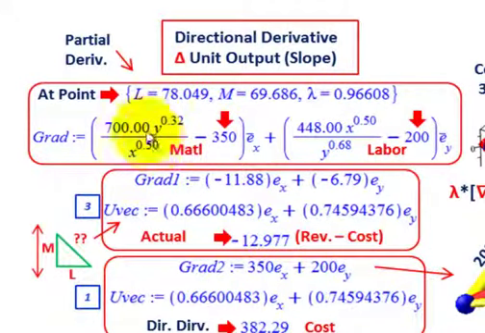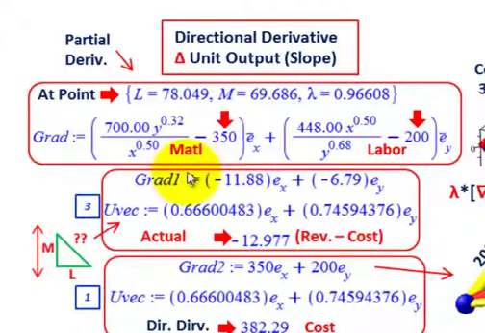You get the material for the revenue portion, and then the derivative subtracts out your unit cost for material, and then for labor, you do the same with the unit cost for labor. And that's taking the partial derivative of that Lagrangian equation.